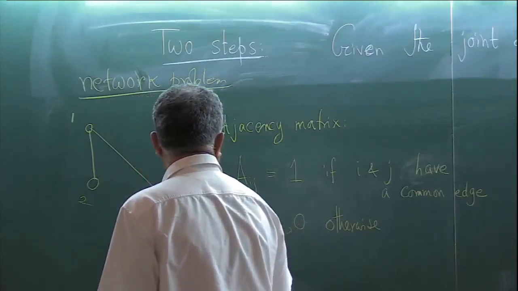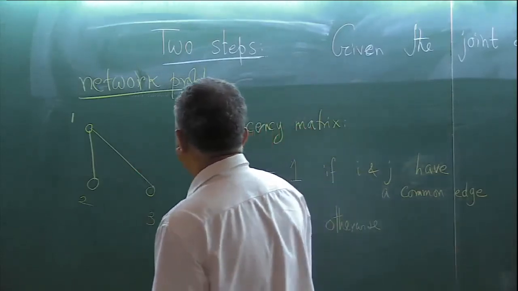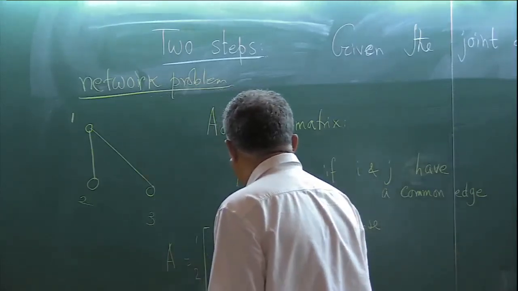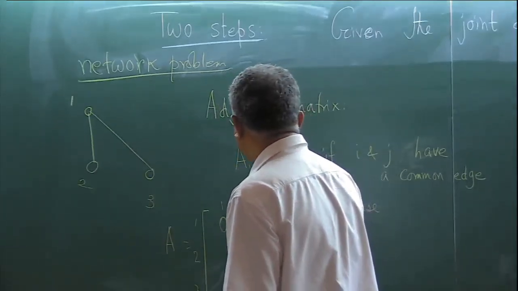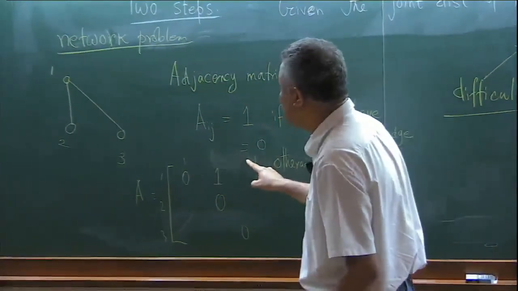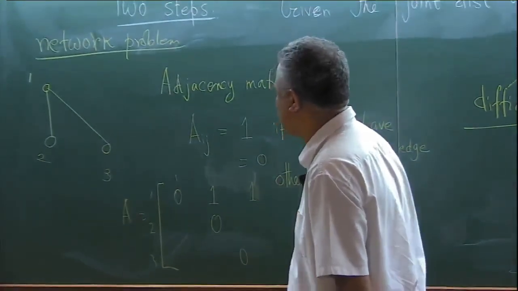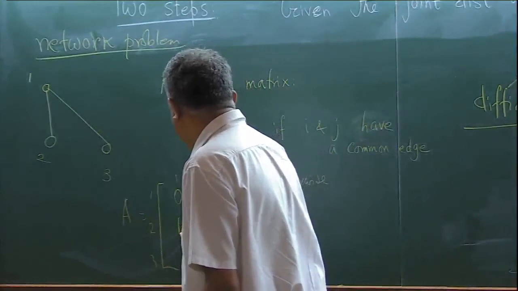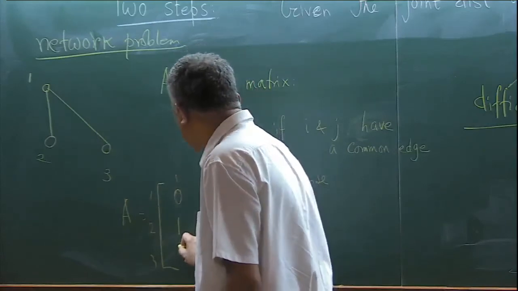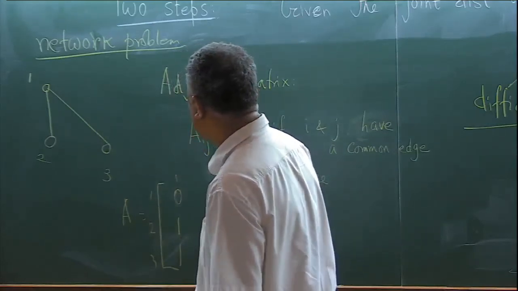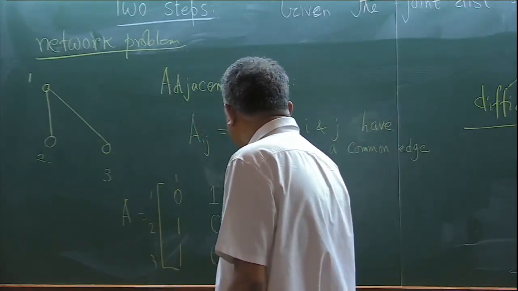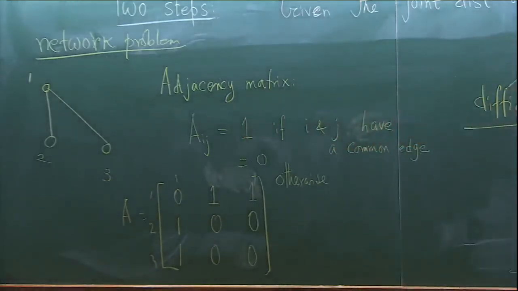The diagonal element you can put to be 0, or sometimes some people put it to be 1, but let's put 0. Between 1 and 2 I have a connection, so I put a 1. Between 1 and 3 I have a connection, so I put a 1. Then 2 and 1 is 1. 2 and 3 there is no connection, so 0. 3 and 1 there is a connection, 1. 3 and 2, no connection, 0. So this is a 3 by 3 adjacency matrix.